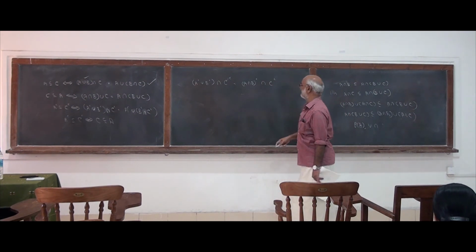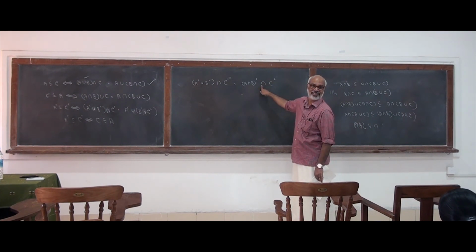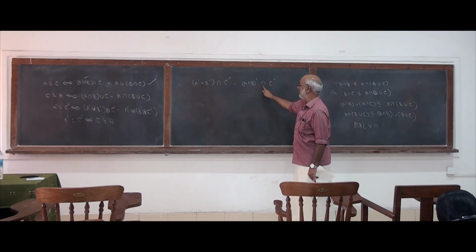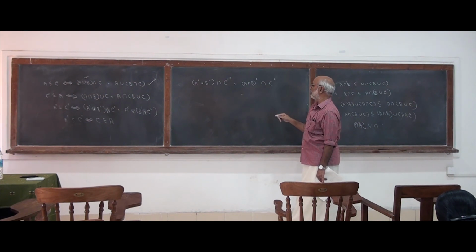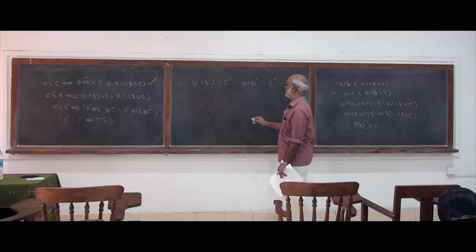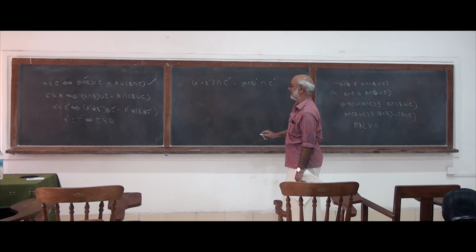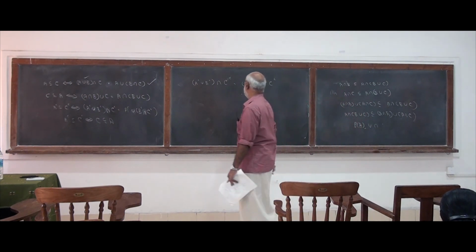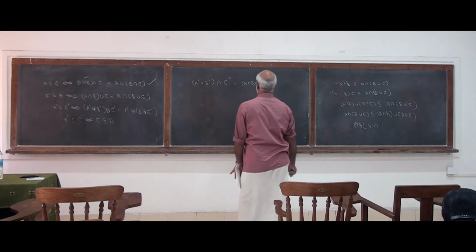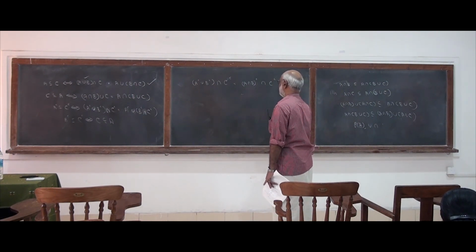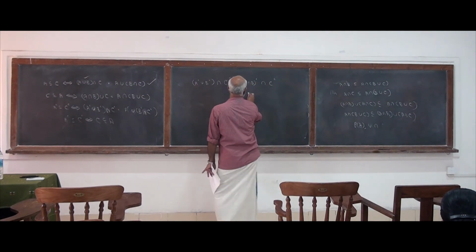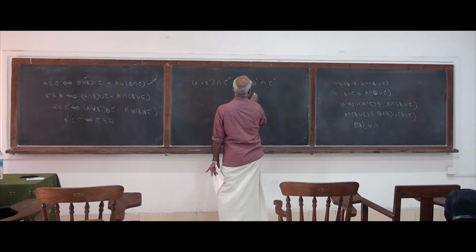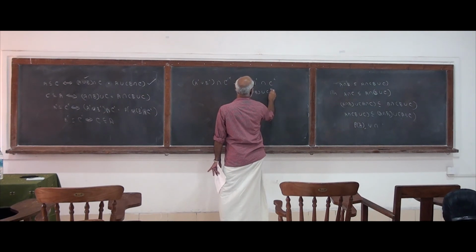And what is this? Intersection of the complements. Intersection of the complements is the complement of the union. What will we get? You get A intersection B union C, the complement.